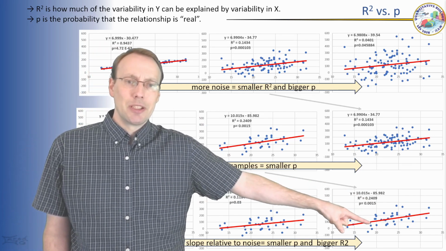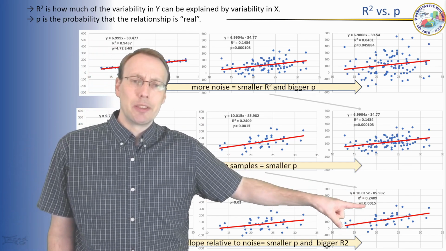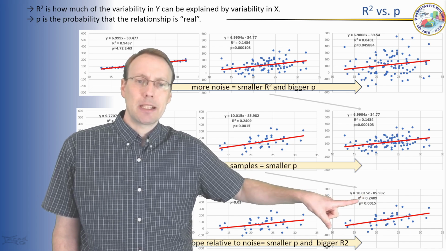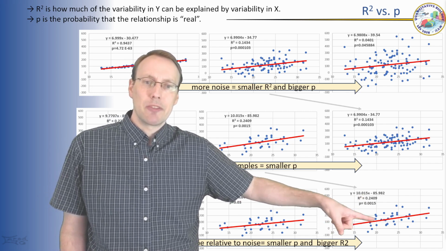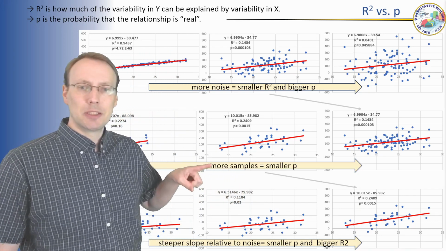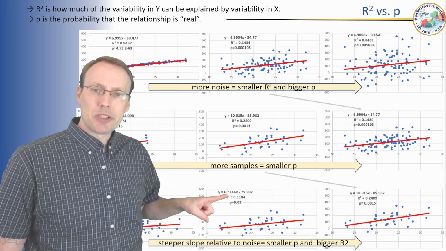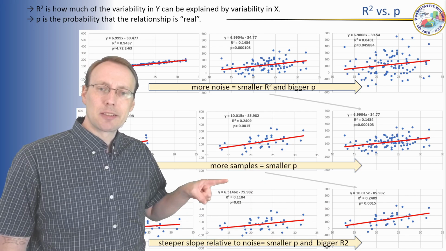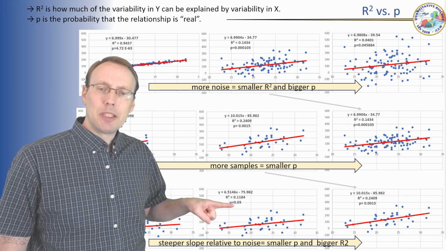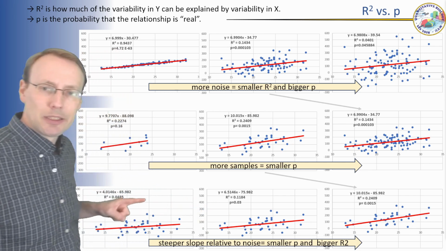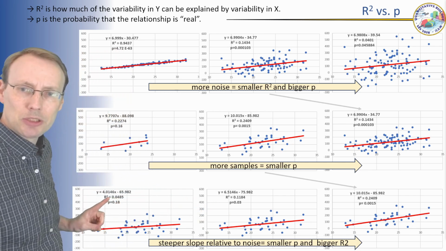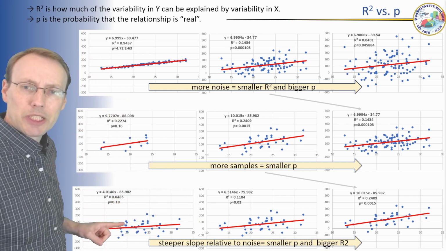So here, the slope is around 10, the estimate at least, and you can see that the p-value is significant, 0.001. Here I change the slope, 0.86, and the p-value is starting to be higher. And here the slope is even smaller, and the p-value is not significant.